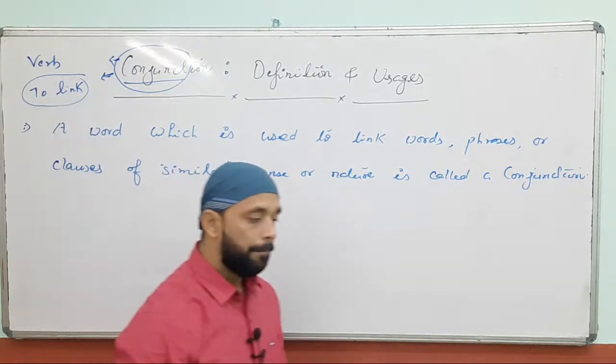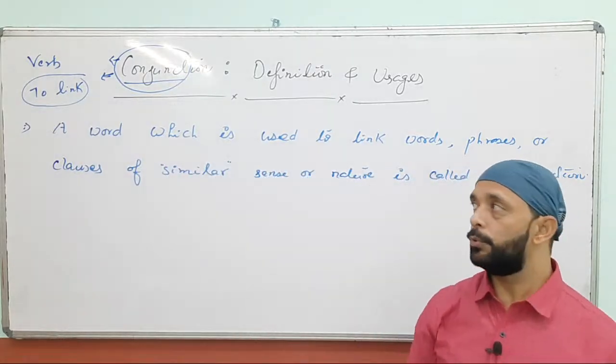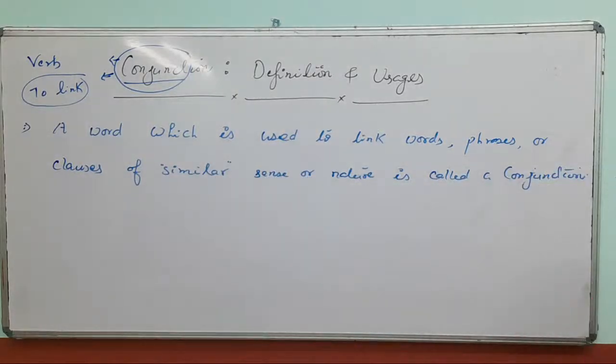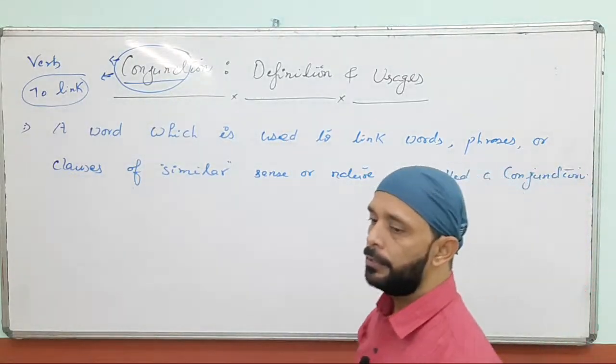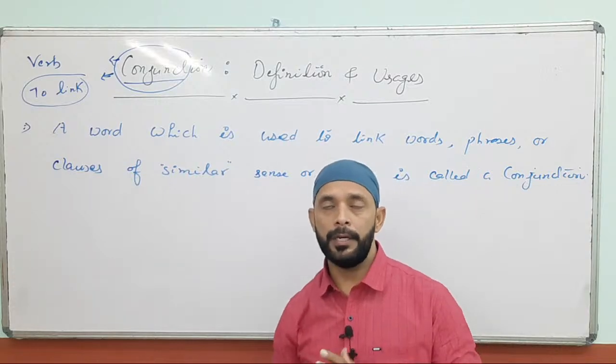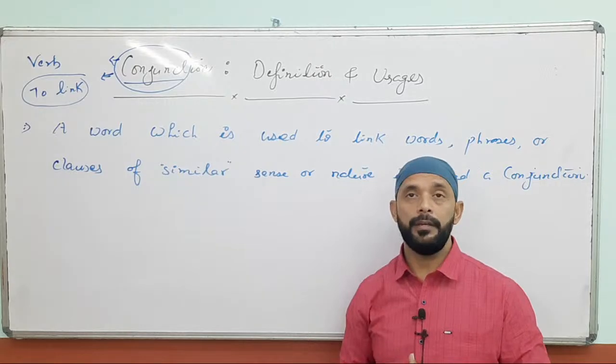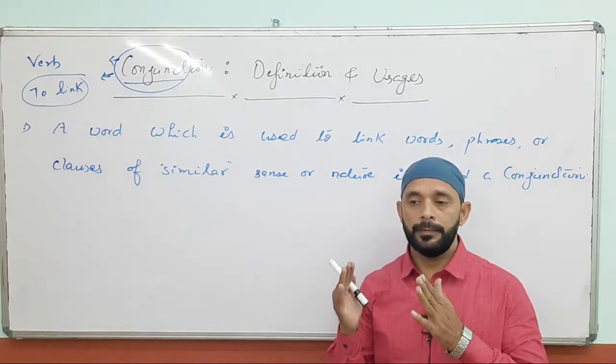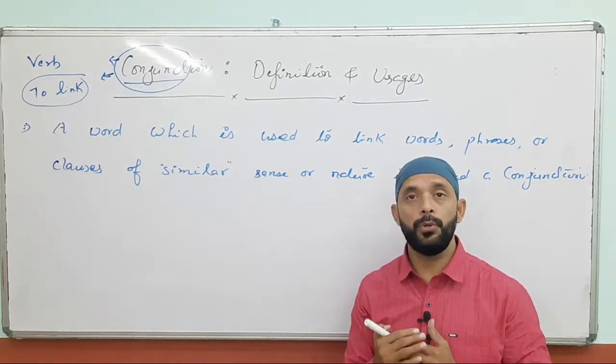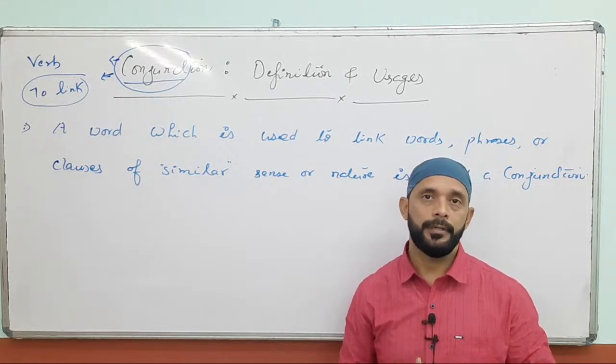Well, when we come to the definition, in fact, in many of the books, we find some error in definition. The books define the conjunction as used to link sentences.